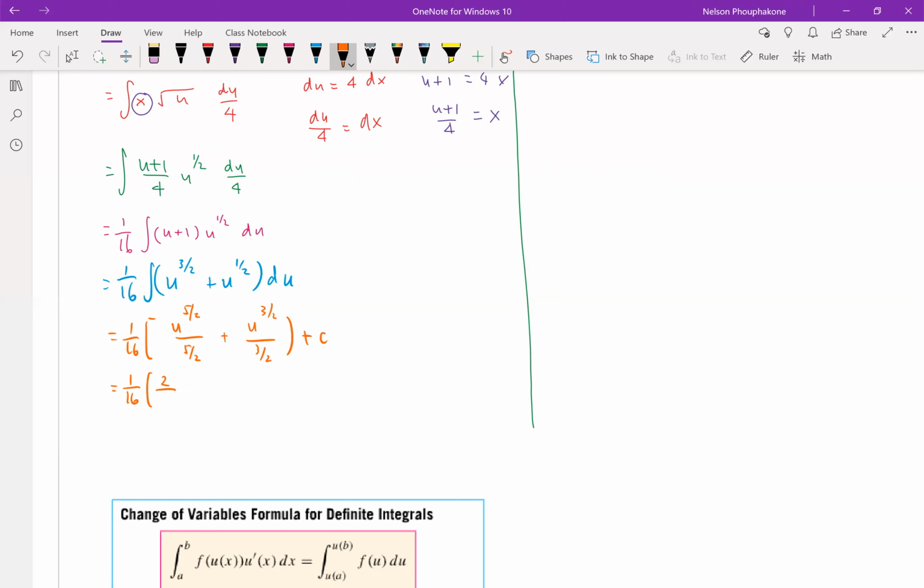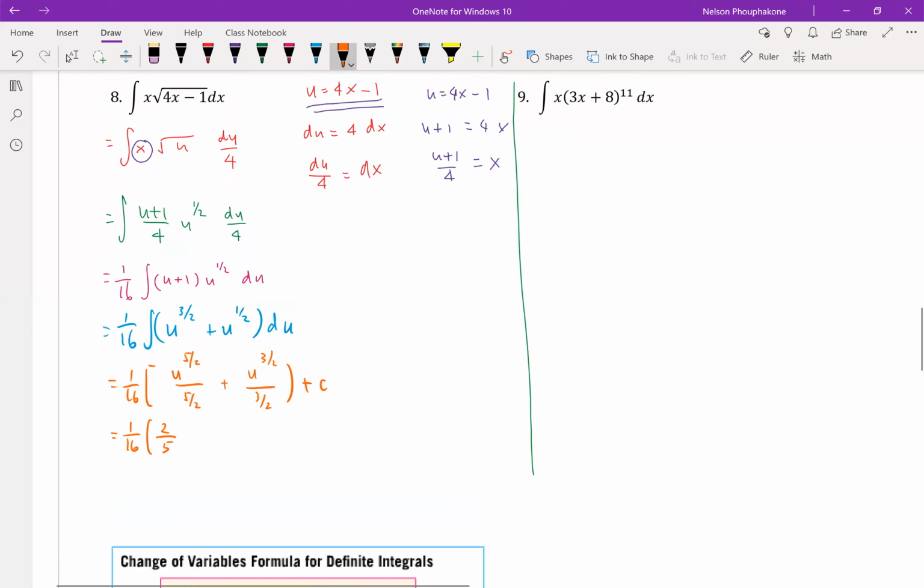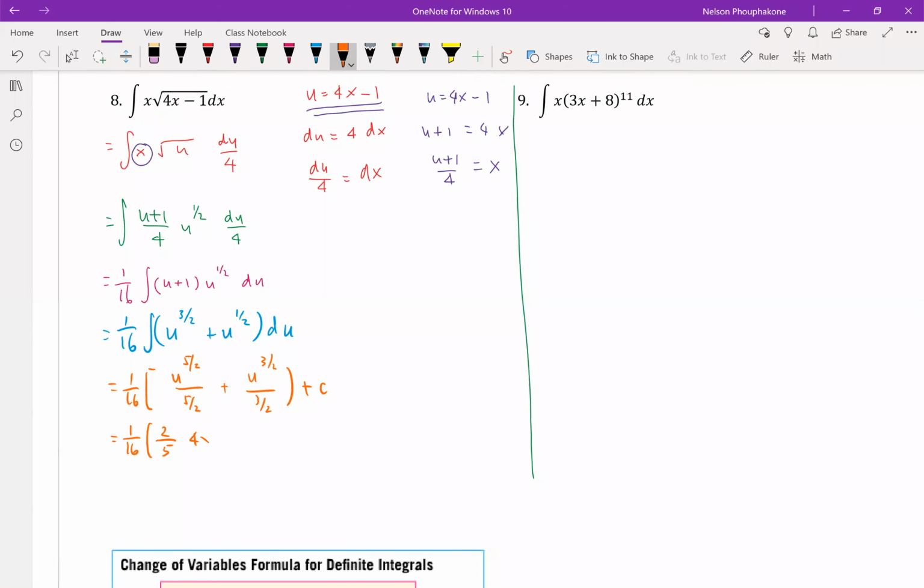Then this one is 2/5, and u is 4x minus 1, plus 2/3, 4x minus 1 to the 3/2, plus c.